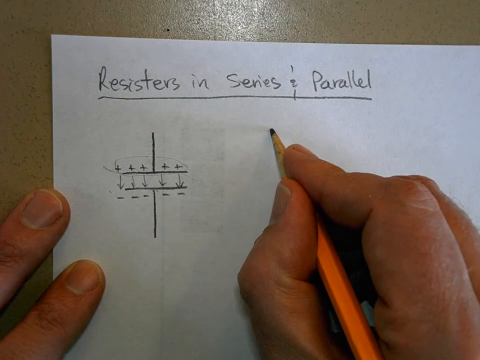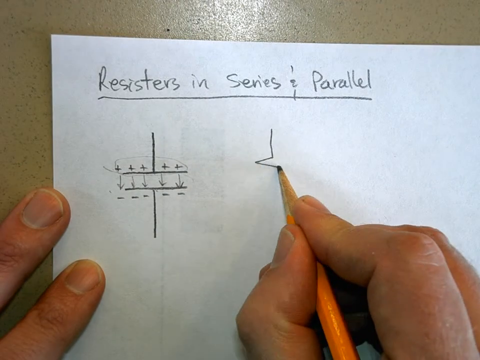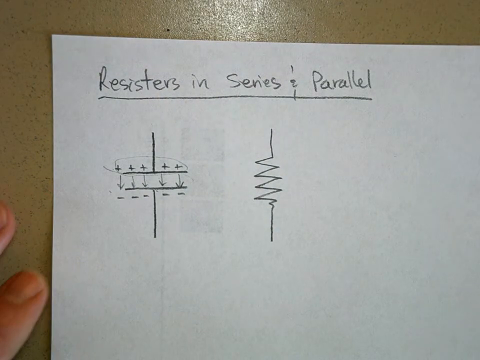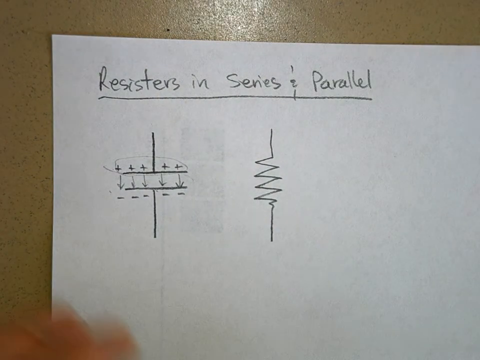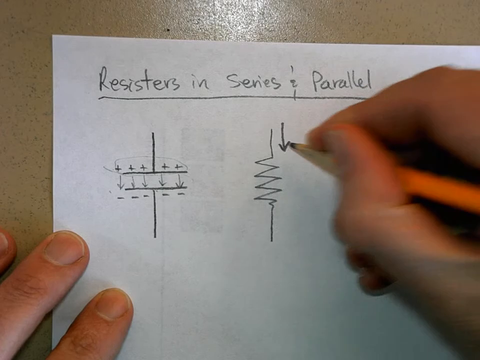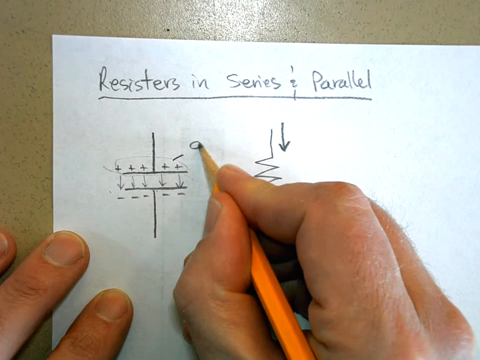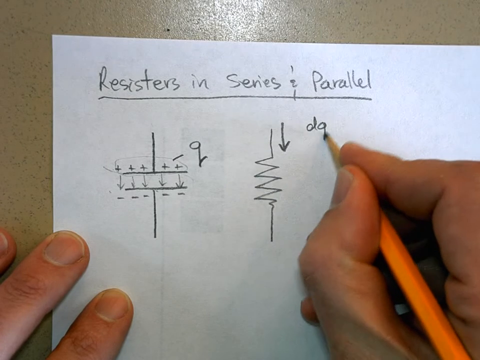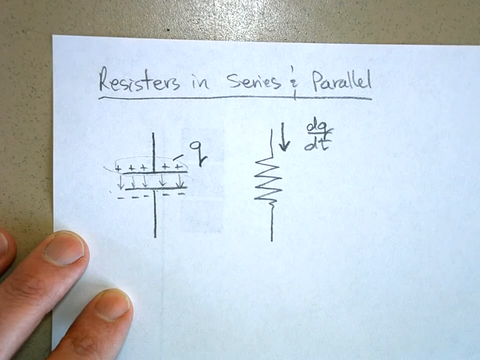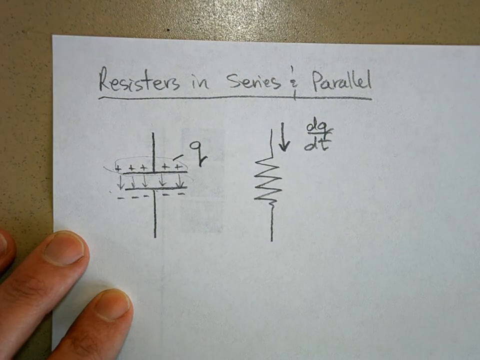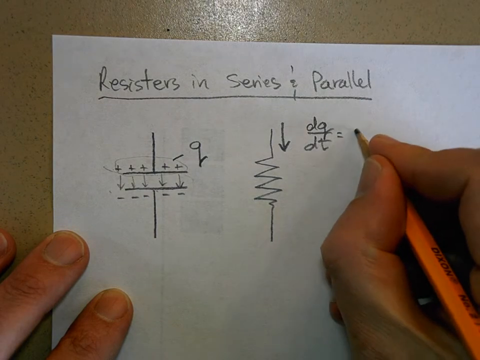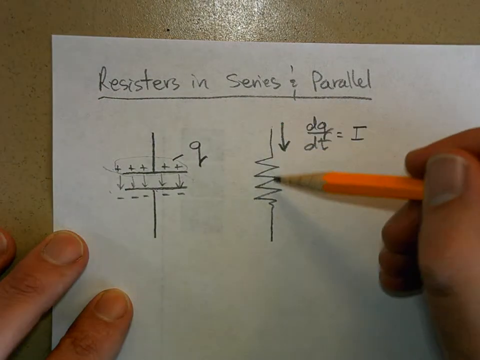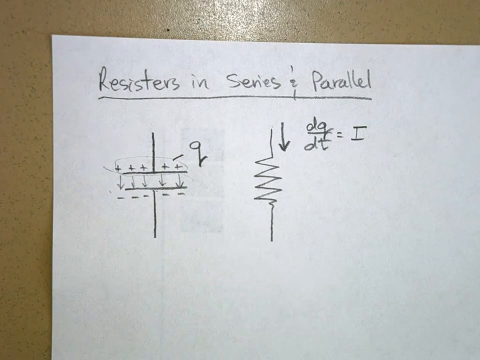Now, if I have a resistor, it has current flowing through it. So now this has Q, but this has dQ/dt, or a rate at which charge is going by. This has a current. And as this current flows through, we get a voltage drop.